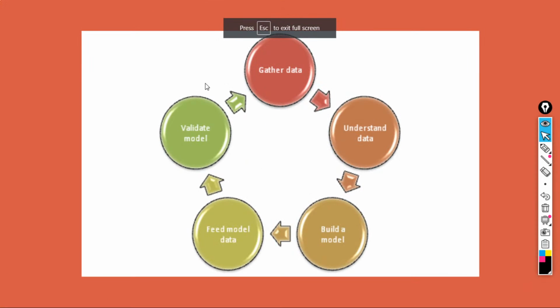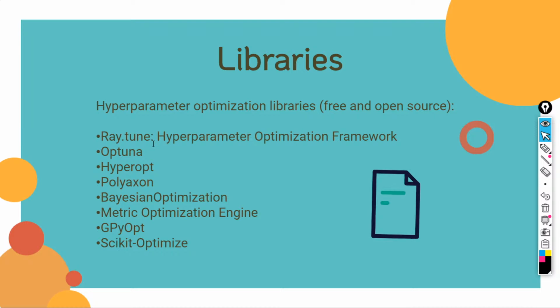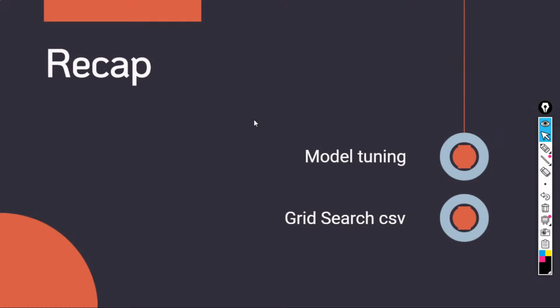Right, guys. So now again, let's go back to the slide. And these are some very important libraries that we have, notwithstanding what we just saw. You have Ray Tune, you have Optuna, you have HyperOpt, Bayesian optimization, GPyOpt, Scikit-optimize. So there's a lot that you could use. So I really hope that you have understood what is the difference between model tuning and hyperparameter tuning.